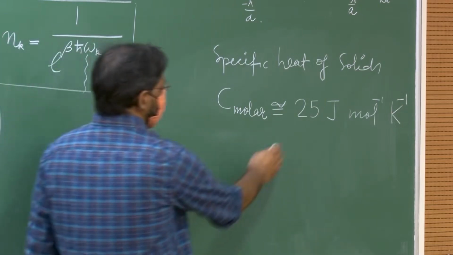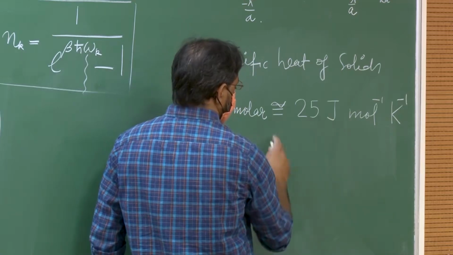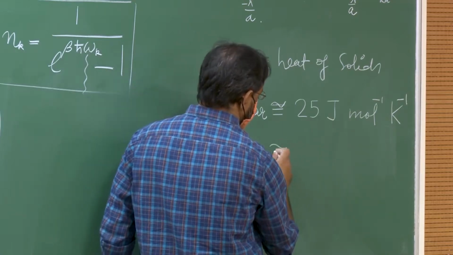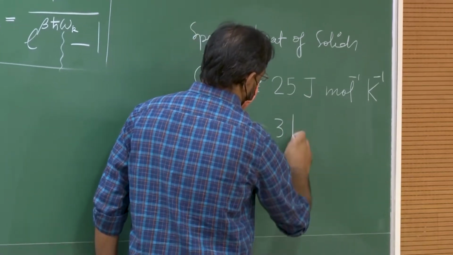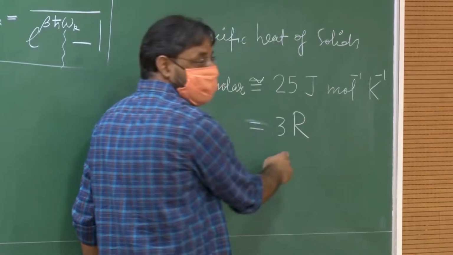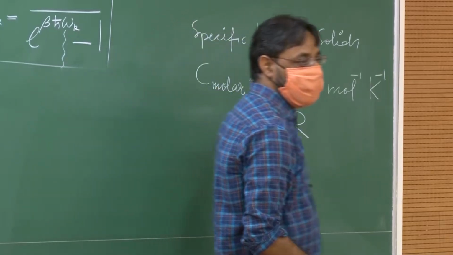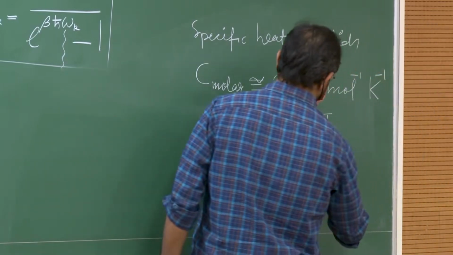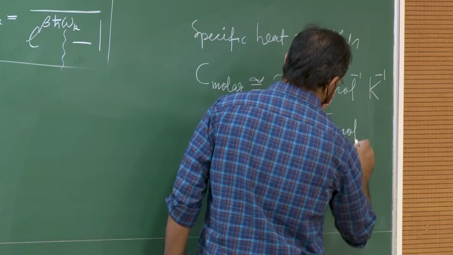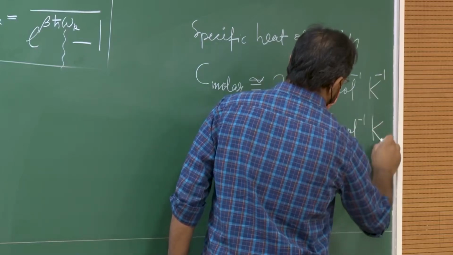And 25 J is not a coincidence, it is actually 3R, where R is the universal gas constant, which is 8.314. If you multiply it, you will get a number close to 25. So, it is 3R joule mole inverse Kelvin inverse.